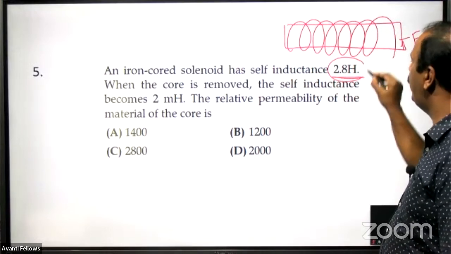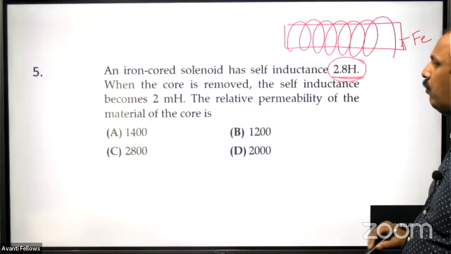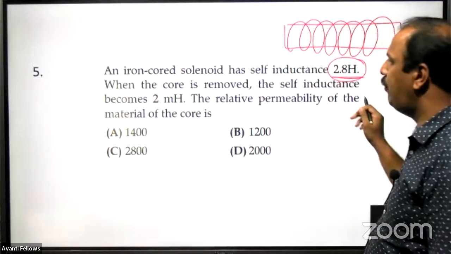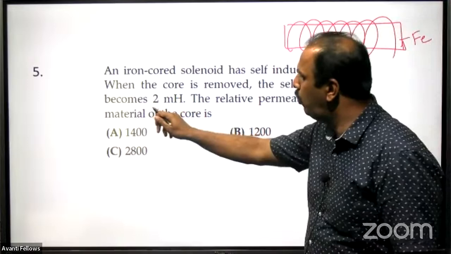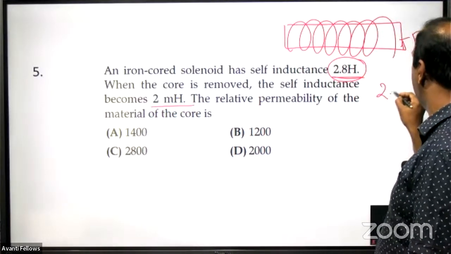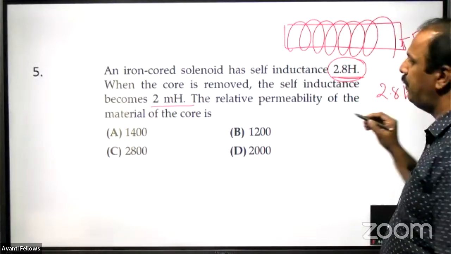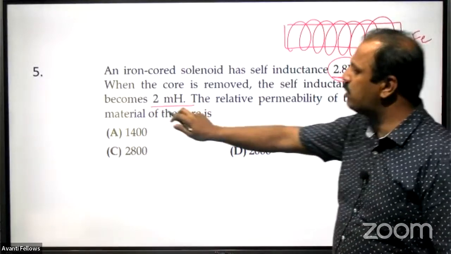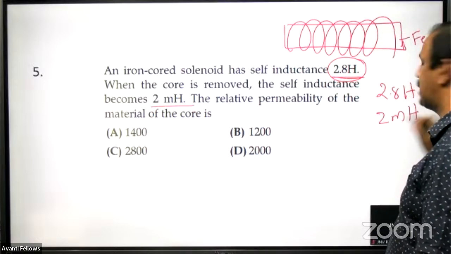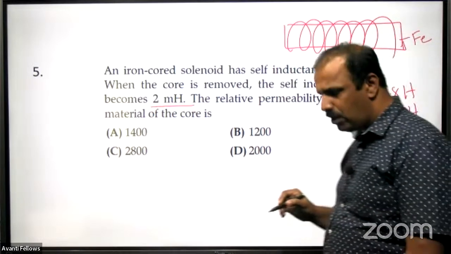self-inductance is 2.8 Henry. When the core is removed, the self-inductance becomes 2 millihenry. Here you see it was 2.8 H, and when the core was removed, it becomes very, very less, that is 2 millihenry. That's also one important thing.